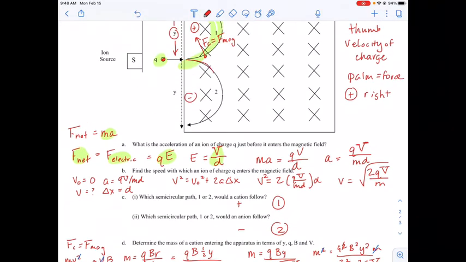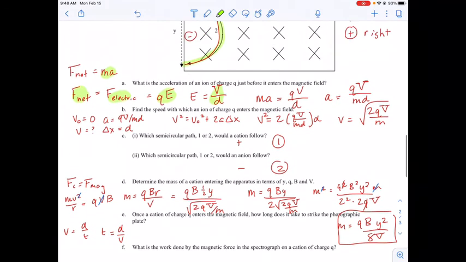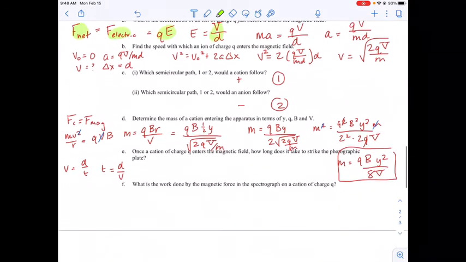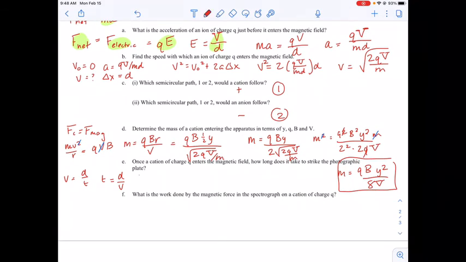Now, the distance that the object travels is this semicircle, and the diameter of that semicircle is y. So the distance is just pi times y over 2.